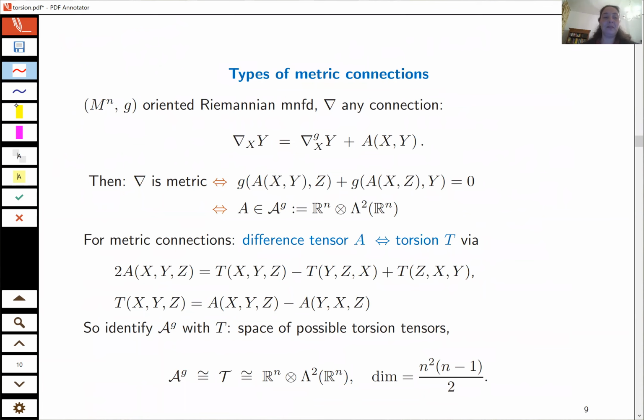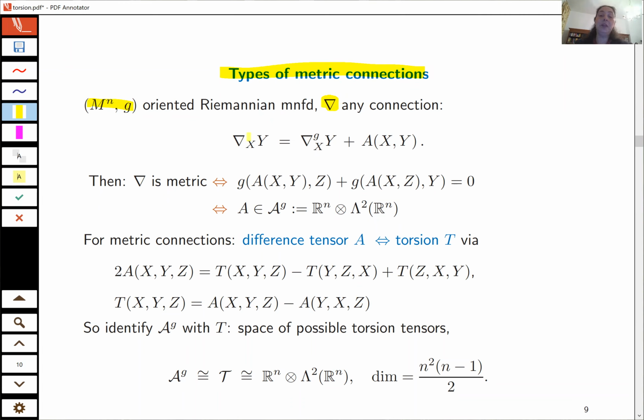Now let's describe the different types of metric connections as Cartan did. First, let me explain in more detail the relation to torsion. So we start with an oriented Riemannian manifold, nabla any connection.